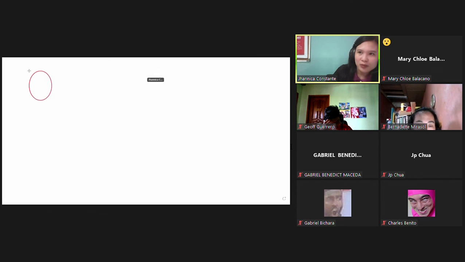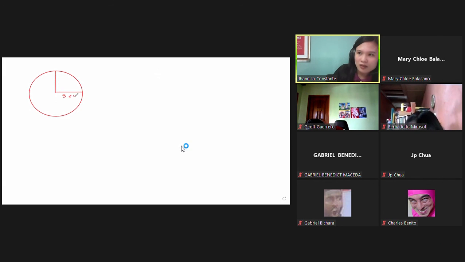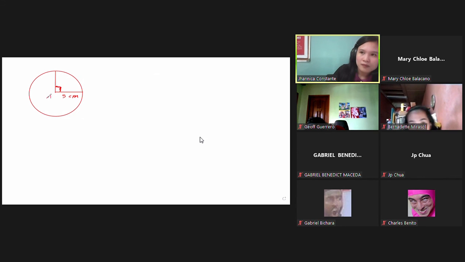For example, we have a circle with a radius of 5 centimeter and a central angle which measures 90 degrees. So find the area of the segment.